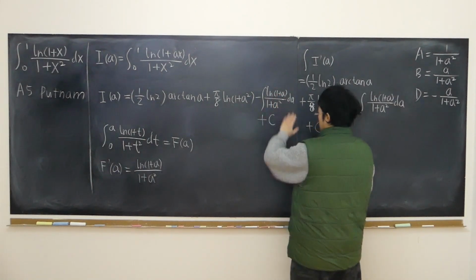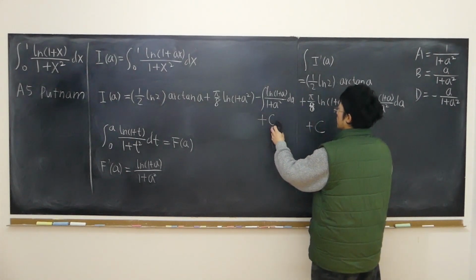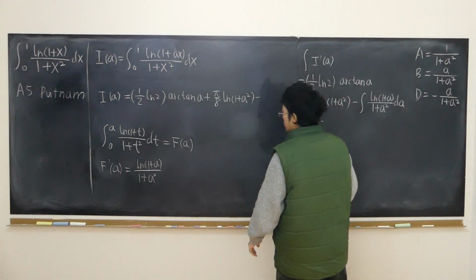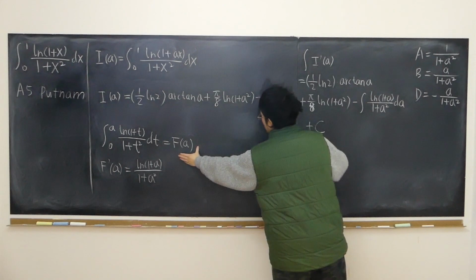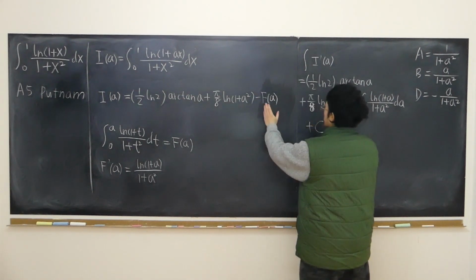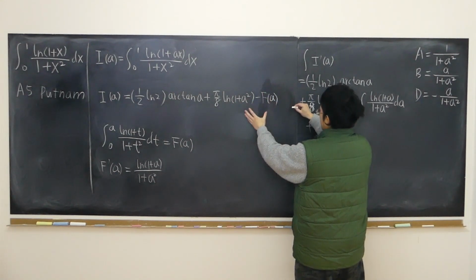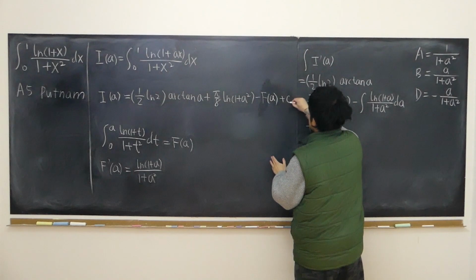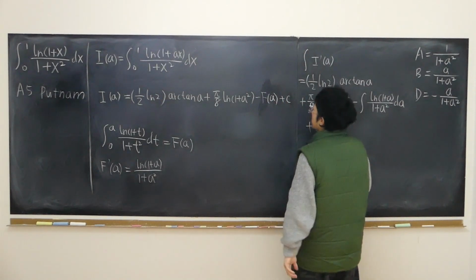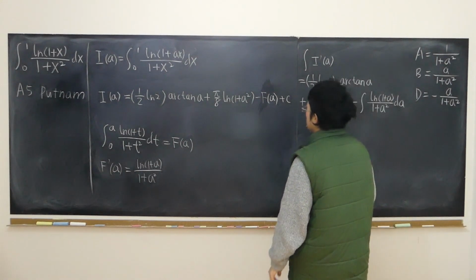So in fact, we can rewrite this as minus capital F of a, bracket plus some c. Get rid of the bracket, still minus some c, but still plus some c, because it's only a symbol, just some constant. This is fine. I'm going to determine the value of c very soon.